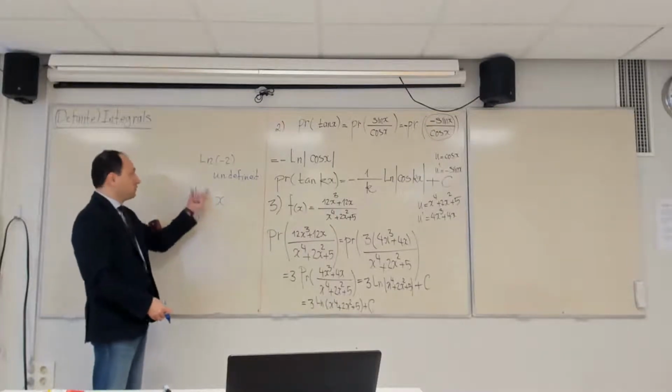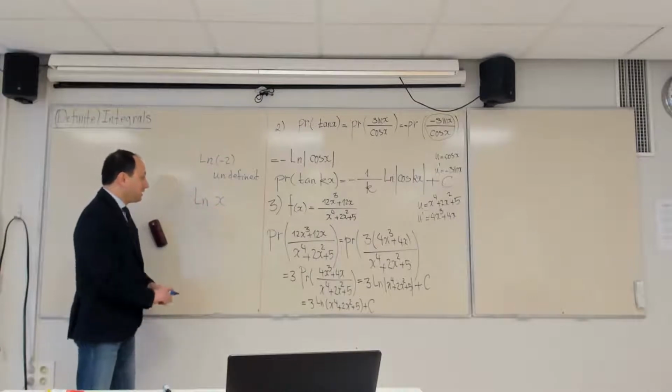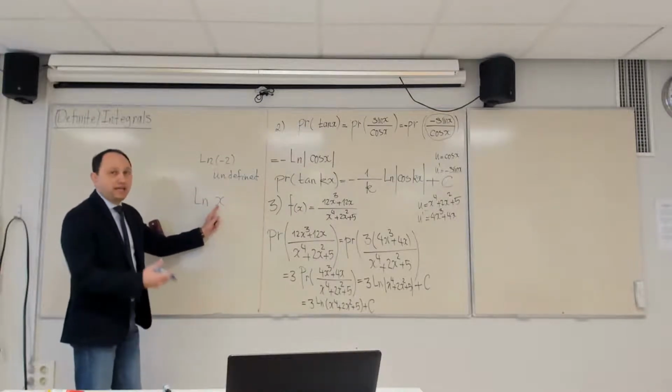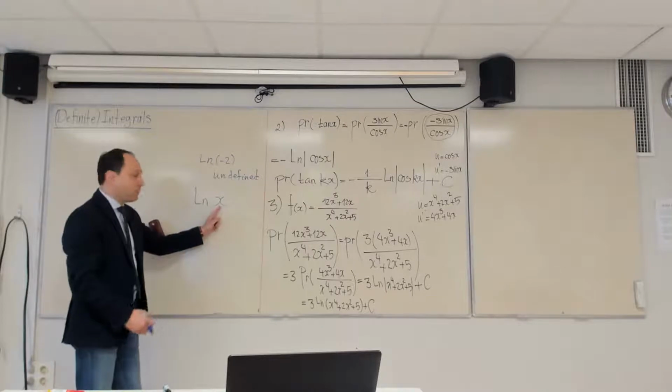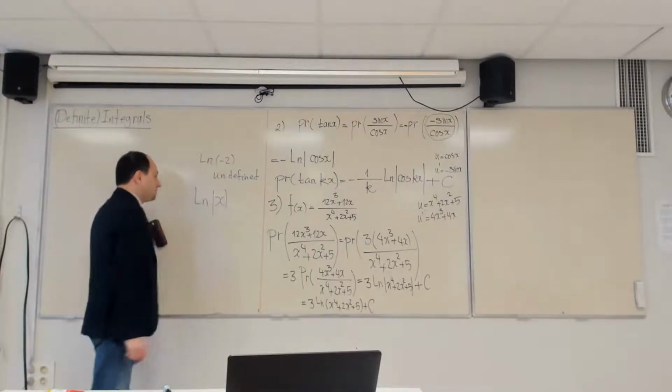But when you want to find a primitive function and the answer is ln of x, because x can be negative or positive, and if it becomes negative I will have problems for ln, I would put the absolute value.